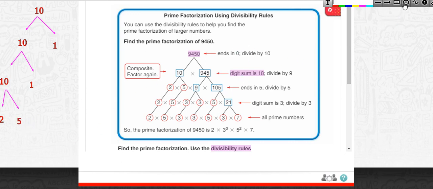My target is to reach the end of the branches, because it's called prime factorization. We need to reach the end of the target. Now, I hope you understand this.